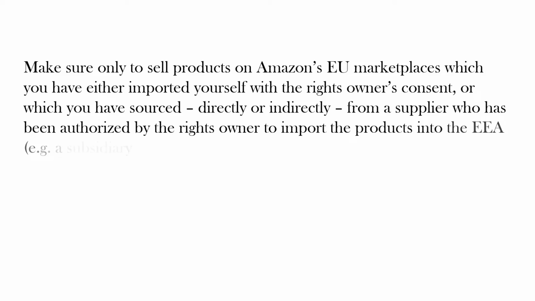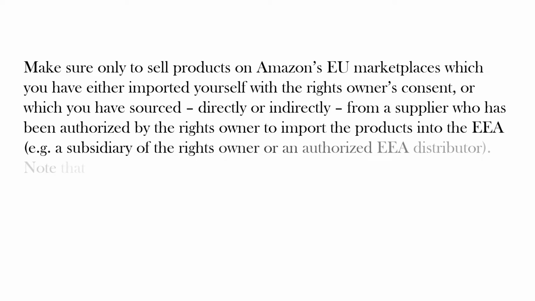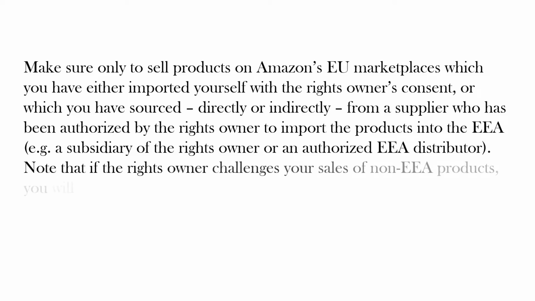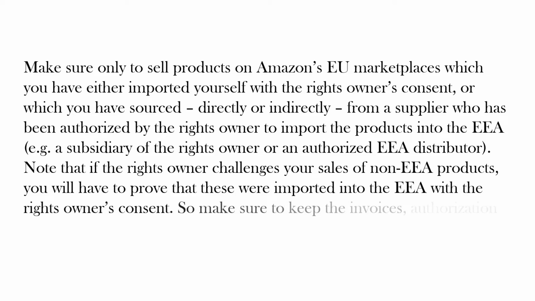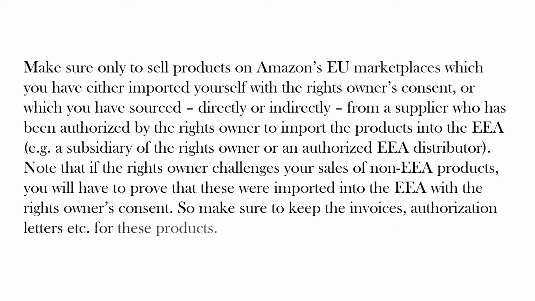Example: a subsidiary of the rights owner or an authorized EEA distributor. Note that if the rights owner challenges your sales of non-EEA products, you will have to prove that these were imported into the EEA with the rights owner's consent. So make sure to keep the invoices, authorization letters, etc. for these products.